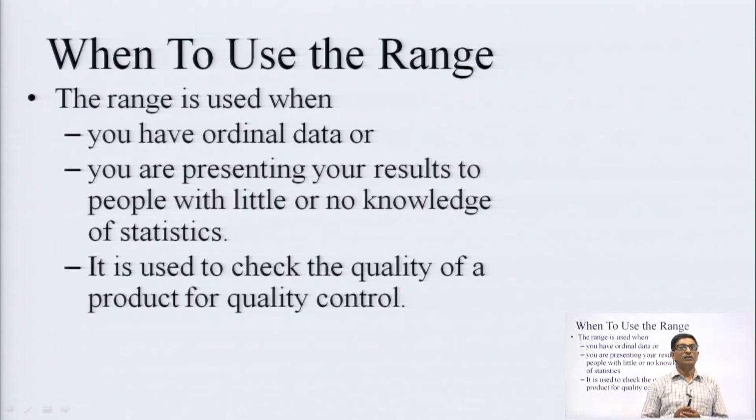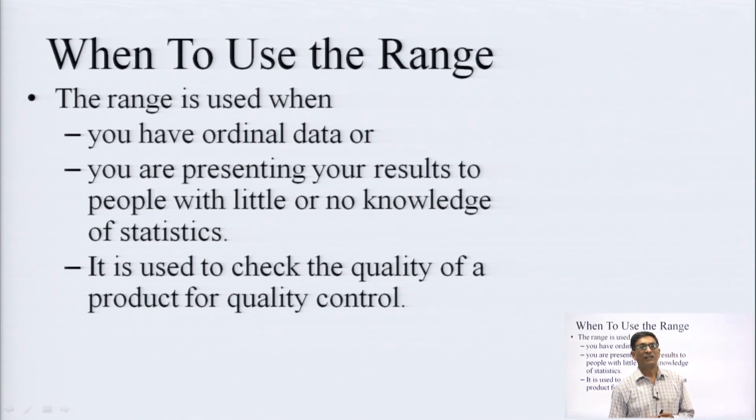Second, if you are presenting your results to people with little or no knowledge of statistics, then range is an easy way to find the measure of dispersion. So, at a glance, to check the variation in the data, we calculate the range, because it depends only on the largest value and smallest value.